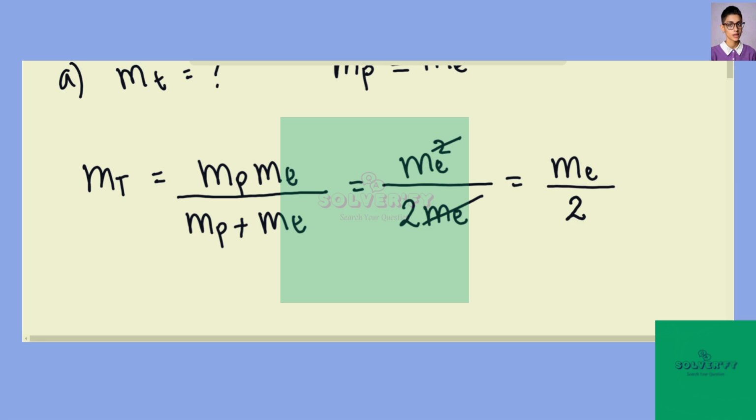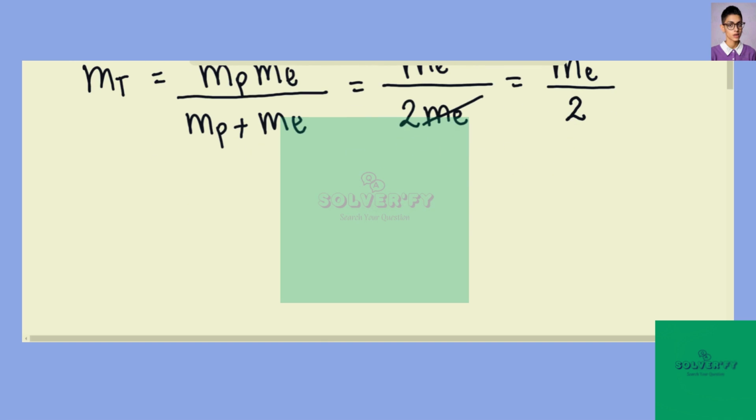Now, for part B of this problem, we are told to determine the orbital radius of its ground state. For this, we use the following equation to obtain the radius R1, because for the ground state, n equals 1.